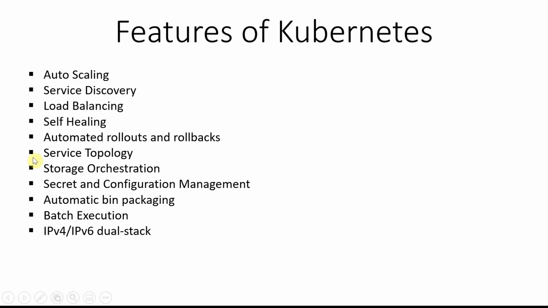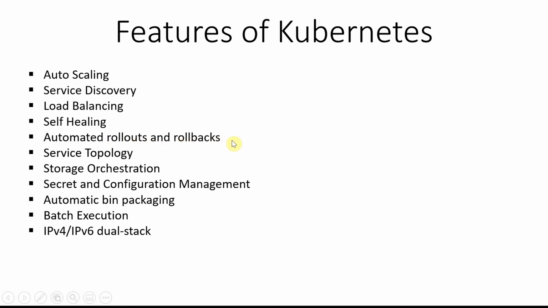So apart from the popular products which are behind the scenes, it also adds a lot of important features like self-healing, which is very important because if something goes down, it should automatically detect and tell you that something is down. So this is a very important feature in production. Then automated rollouts and rollbacks. Rollouts is okay. Rollbacks should be very quick.